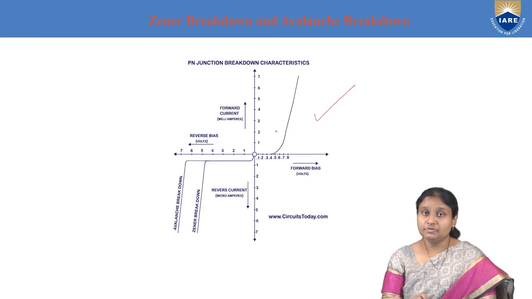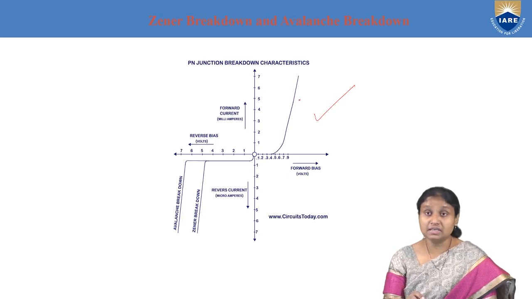As I told you, when we forward bias a Zener diode, it works as a normal diode, so the characteristic is the same for both. Initially the current is 0, and once we reach the threshold voltage there is a sudden rise in the current, in milliamps, because the depletion layer is completely eliminated.